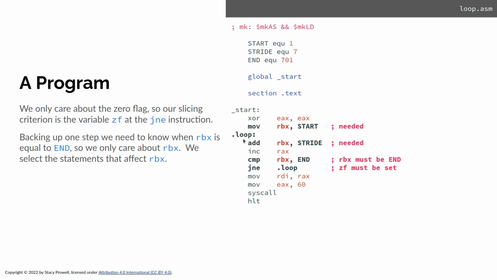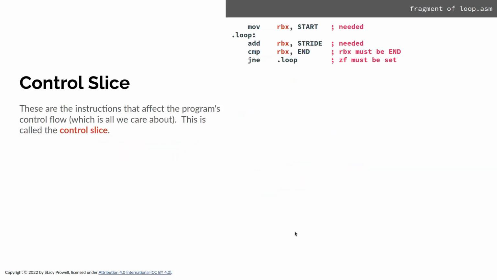And then this is the label for that line. I walk up here, RBX again, an L value. So I need this line too. I move up here, it doesn't mention RBX, just mentions the X. I don't need it. So I do a slice. I'm slicing backward on ZF from here, and I wind up with these 4 instructions. It should be clear that slicing is a basic technique that you should understand.